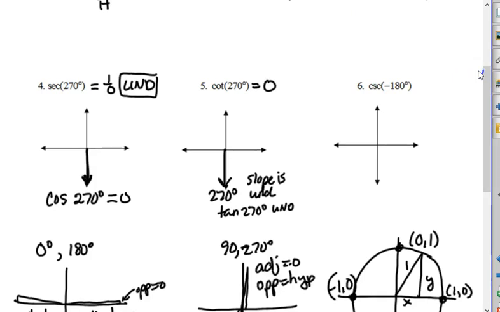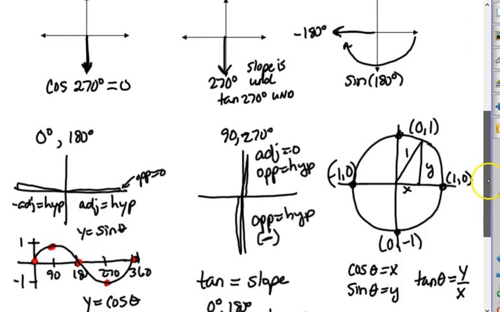Okay, cosecant of -180. -180 goes around this way, but it's still the same as +180. So sine of 180 or sine of -180, same thing. Since we have a graph from 0 to 360, let me just say it's the same as 180, so let's look at sine of 180.